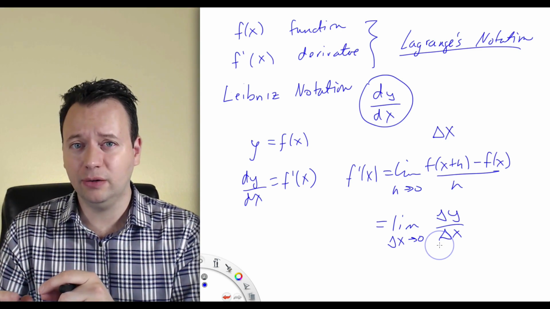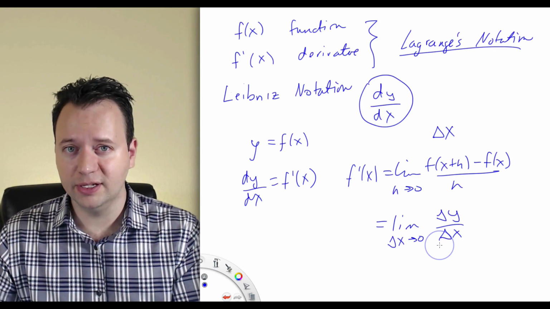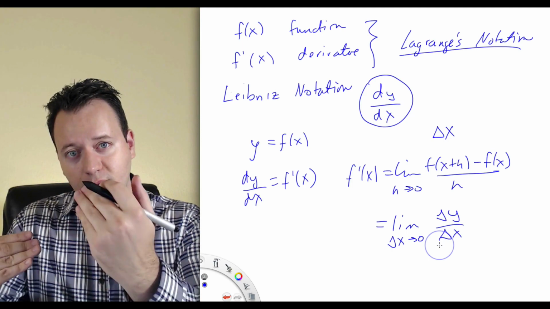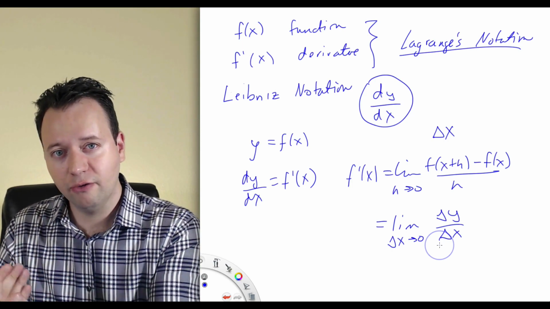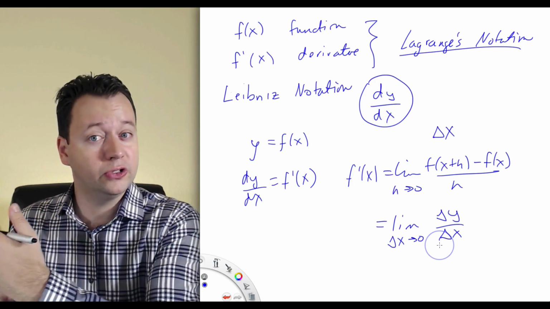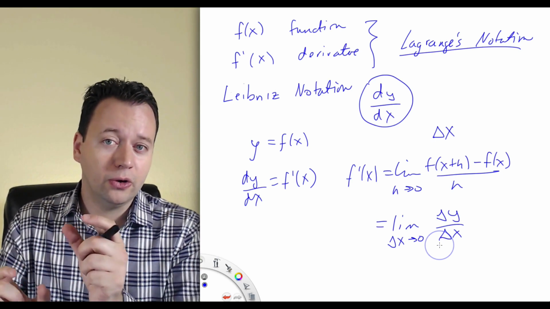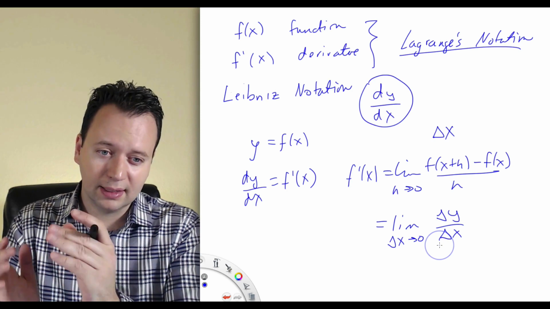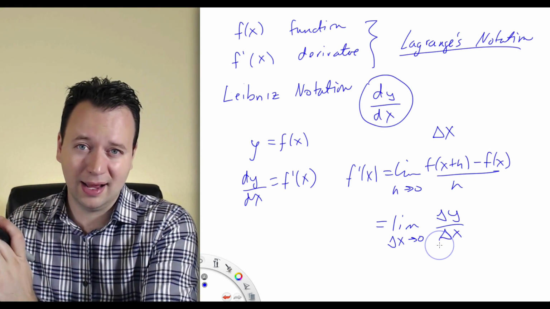If delta x is equal to 0, the change of y will be 0, and you get 0 over 0. But when you approach 0, the ratio of the change of y over change of x approaches the value of the derivative.